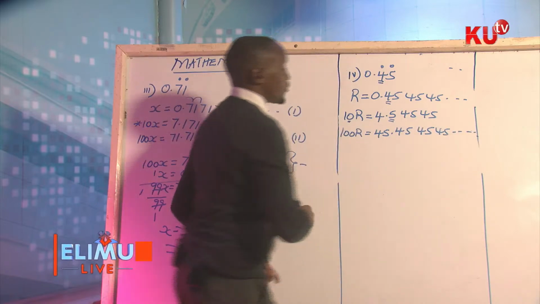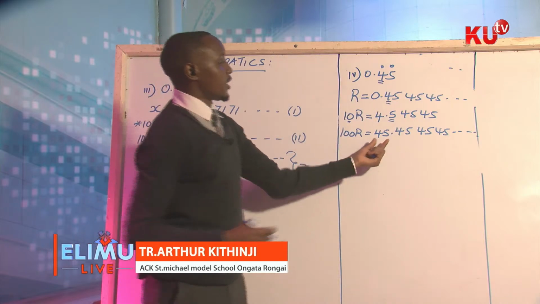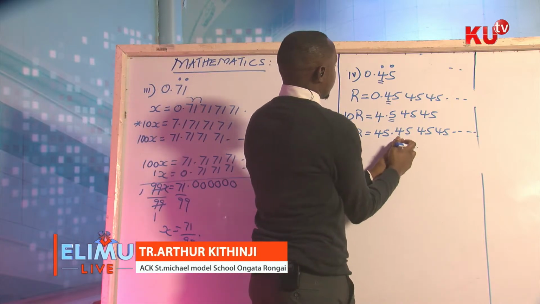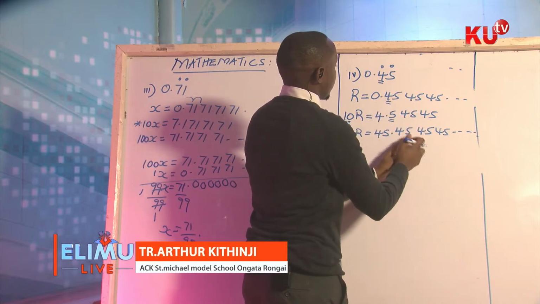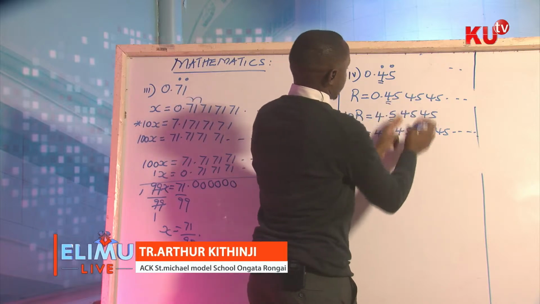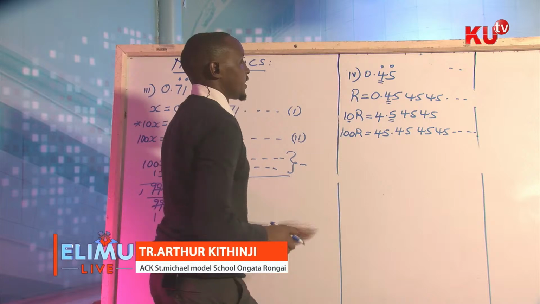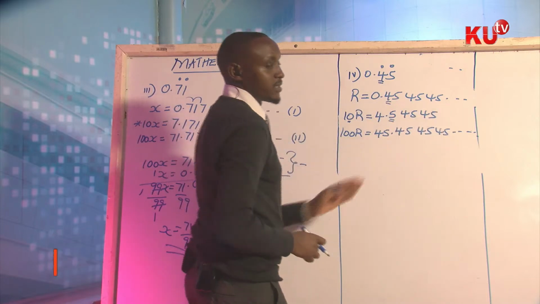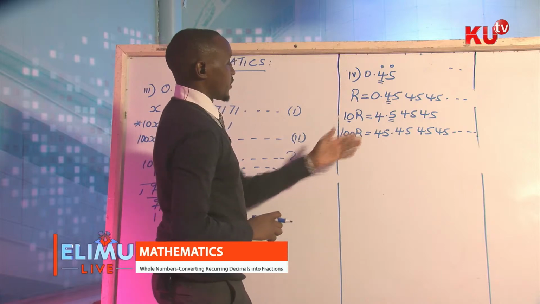Now you see, r and 100r, the digits in the tenths, hundredths and thousandths are the same. So when we subtract from the original one, we shall get 0 on the decimal part, making it easier for us to get a fraction.